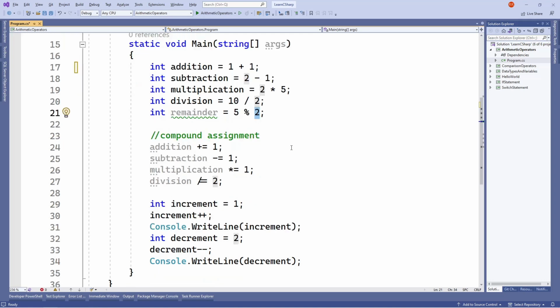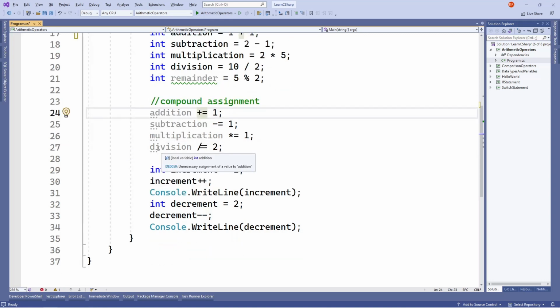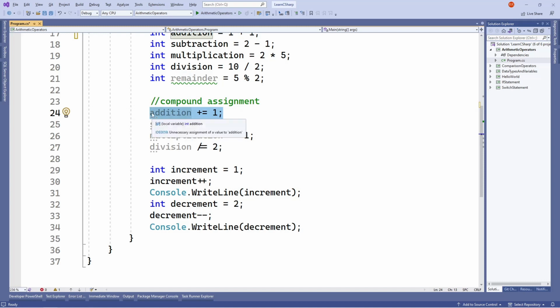All right. And then these operations up to division, you can also perform compound assignments. Okay, so what does that mean? Compound assignments is like a shortcut. So now you have here, in this line 24, we perform addition plus equals 1.